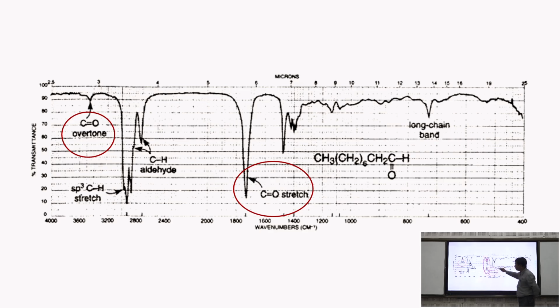You see the strength. The area underneath the band is a measure of the strength. And what is the first overtone? The first overtone of this one is this one. Imagine the strength: if this is the strength of the fundamental band, the first overtone is this much only. So we don't expect the second overtone or third overtone to be seen.